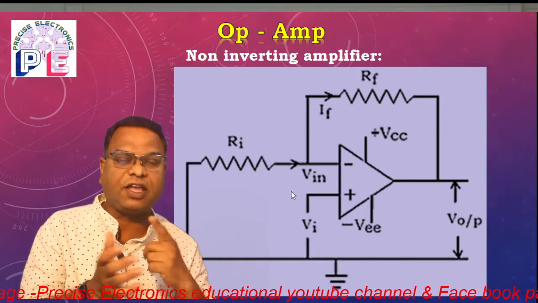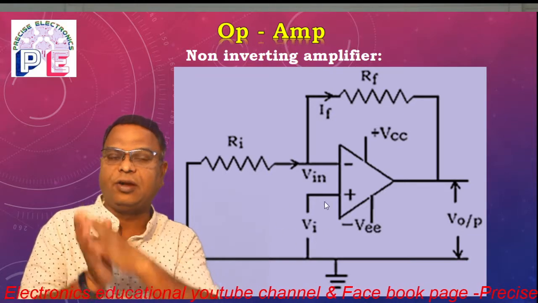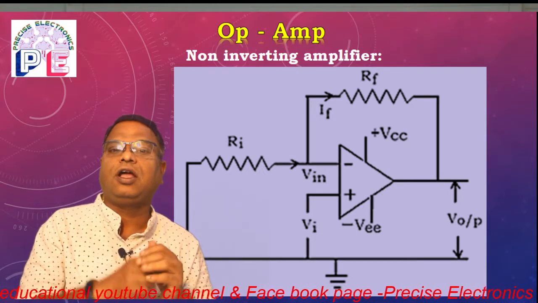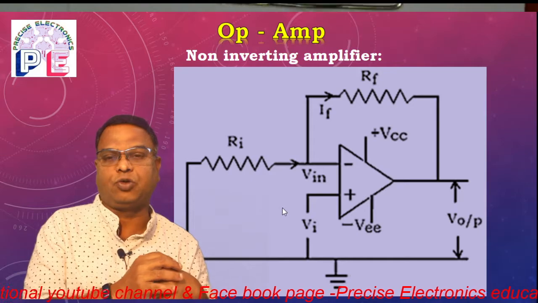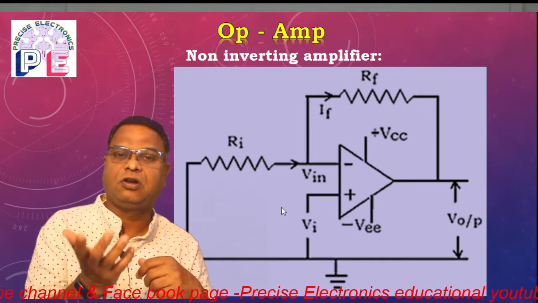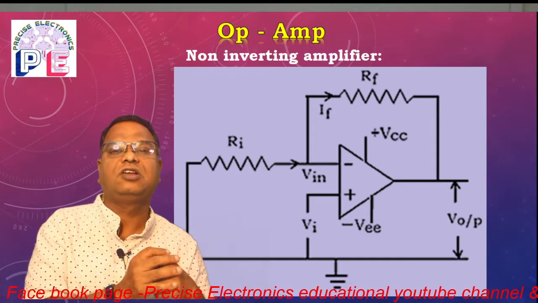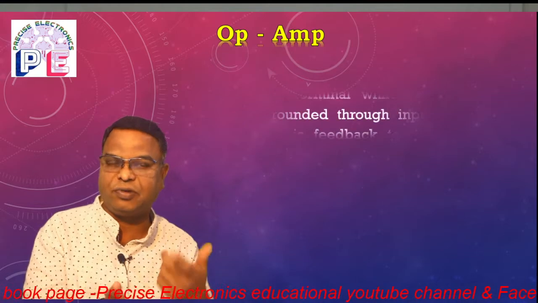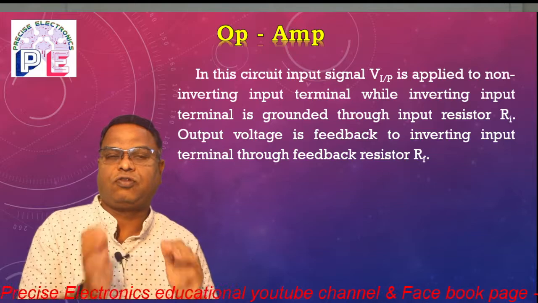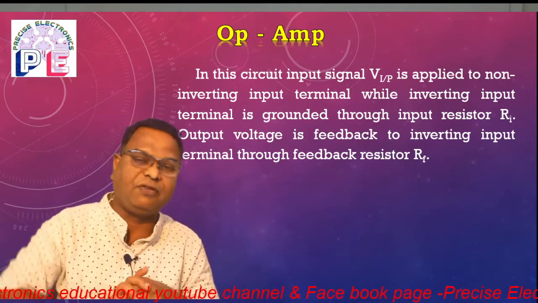In this case, the input signal which is to be amplified is connected to the non-inverting input terminal. Then the supply potential of plus minus 12 volts is applied to the supply terminals, that is pin number 7, plus VCC, and pin number 4, minus VEE. So friends, this is the circuit diagram of the non-inverting amplifier.